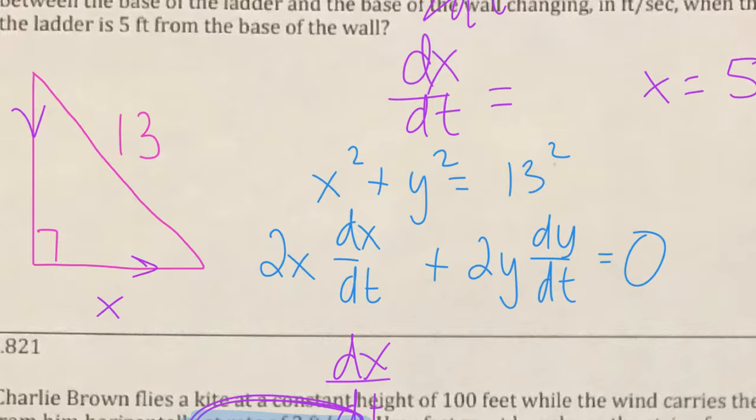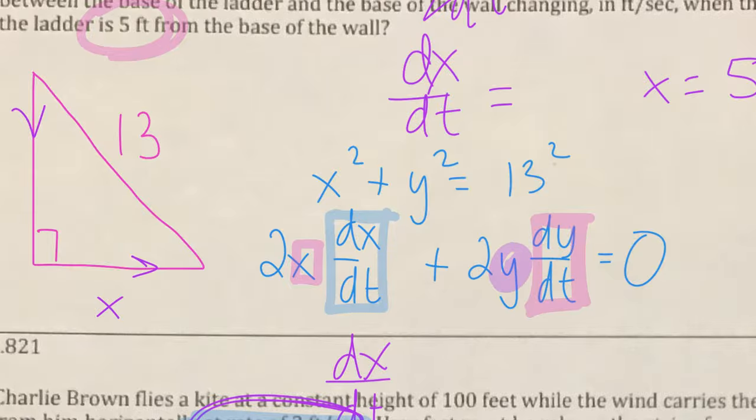So let's see what we know. We know dy/dt, right? That's sliding down at a rate of 1. We know x is 5, right? x equals 5. We want to find dx/dt, so that's our variable. So we need to figure out what our y value is.